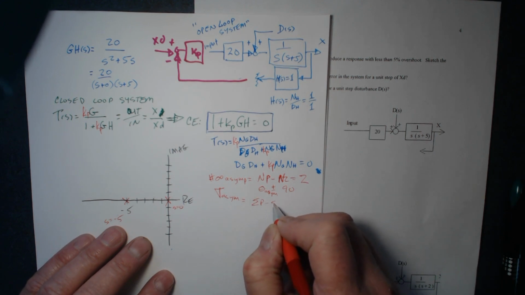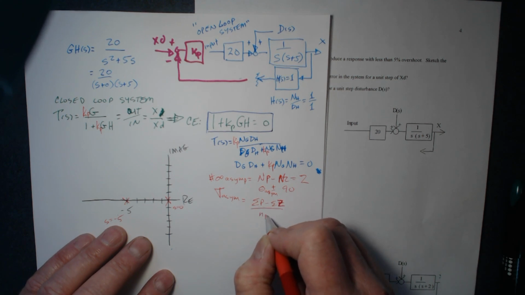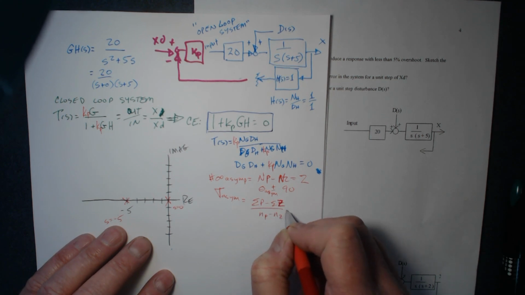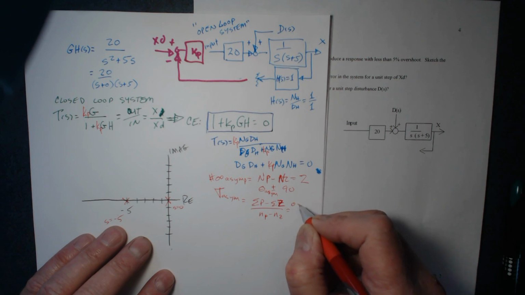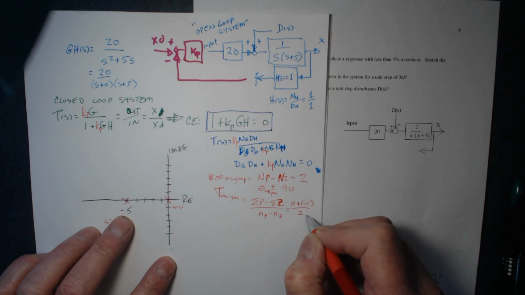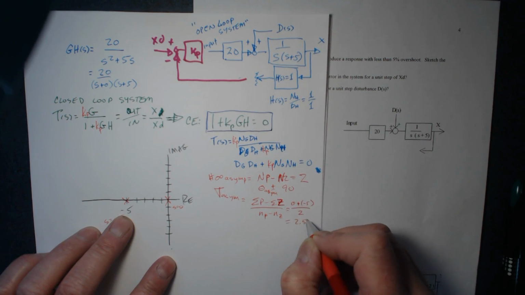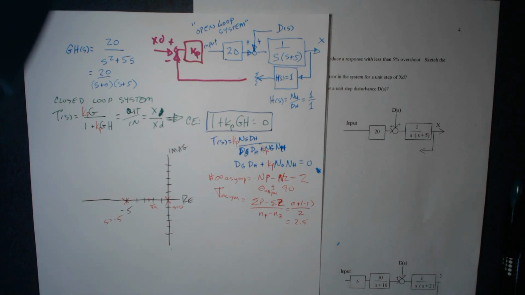It's the sum of the poles minus the sum of the zeros, divided by the number of poles minus the number of finite zeros. So the sum of the poles is 0 plus -5, divided by 2, gives -2.5. This is sigma asymptotes, sigma A.